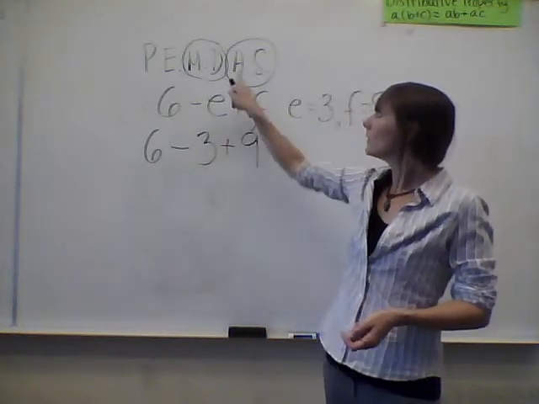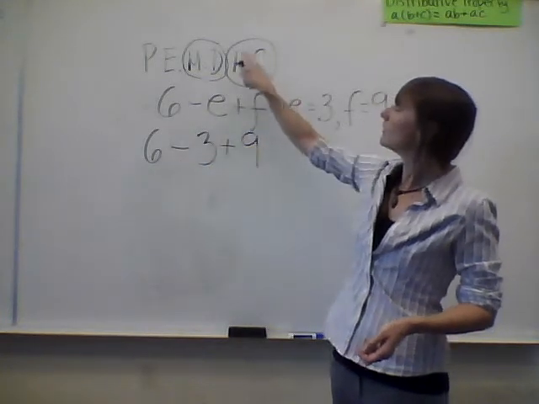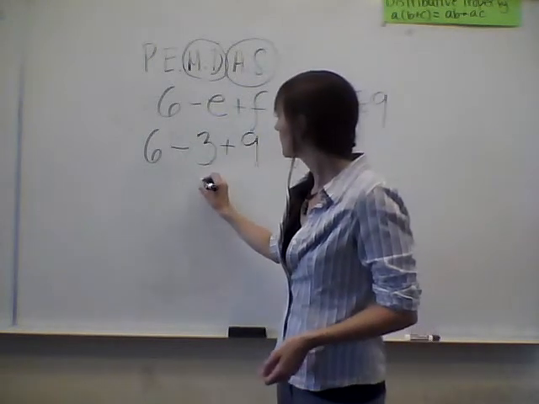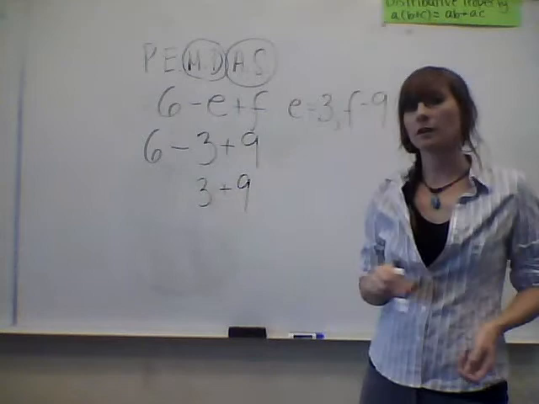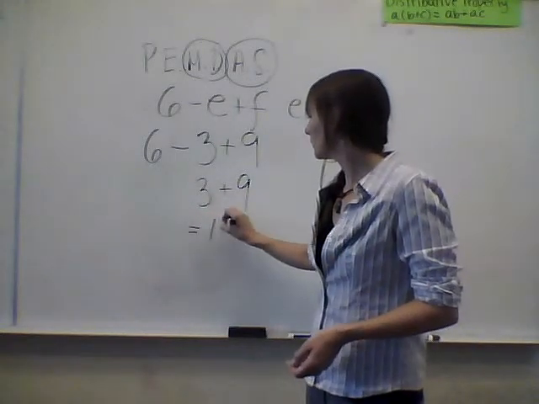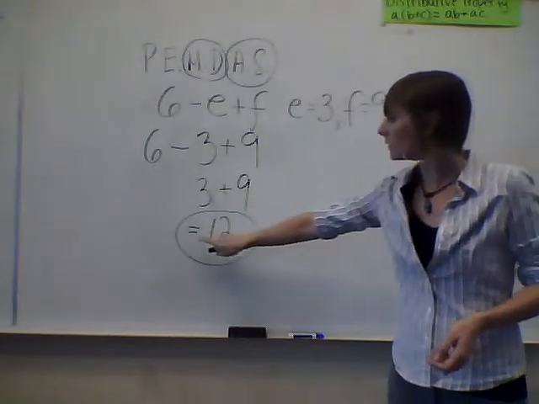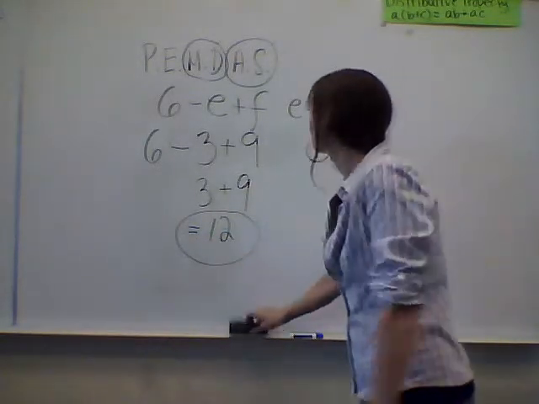So even though the addition is first in the words, there's a subtraction first, and so you're going to actually subtract first. So 6 minus 3 is 3. Bring down the rest. 3 plus 9 equals 12. Remember, is in math is equals.